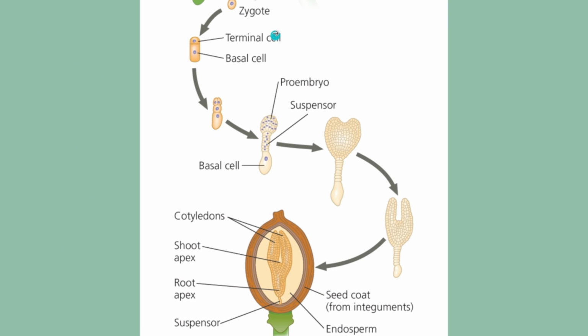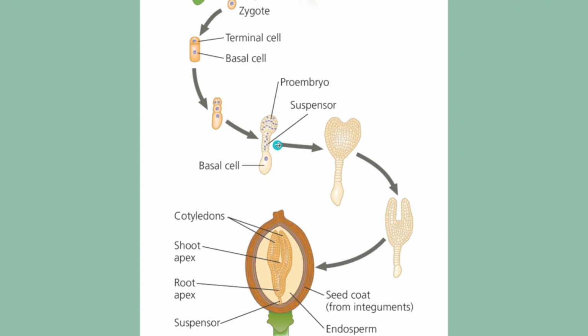The basal cell, the lower one, will divide to form the suspensor cell, which anchors the embryo to the integument of the parent plant.